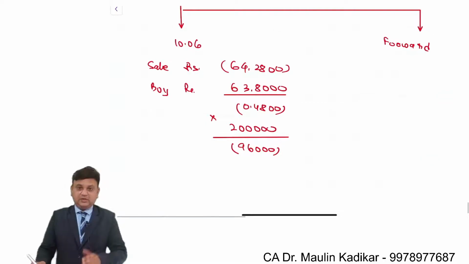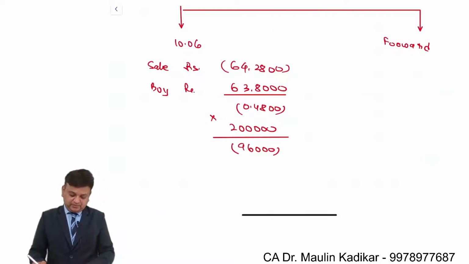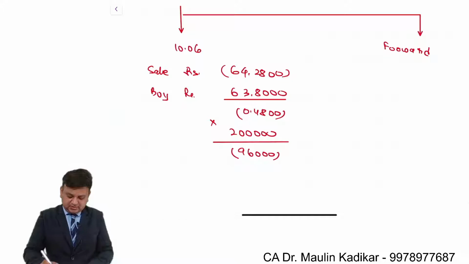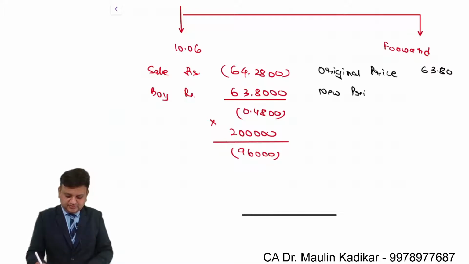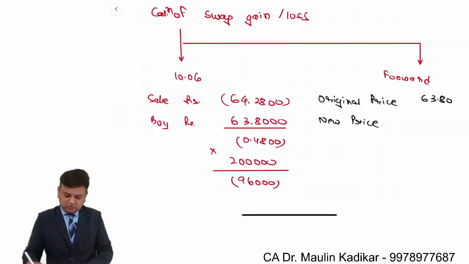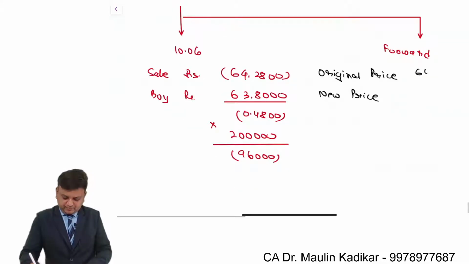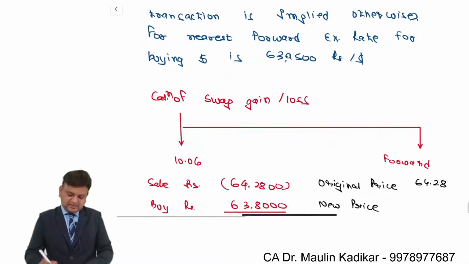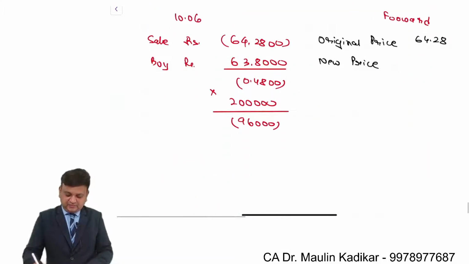Okay. Now the forward contract in which you have entered upon, the original price at which you were supposed to buy the dollar was 63.80. The new price at which you are going to buy dollar is 63.95.